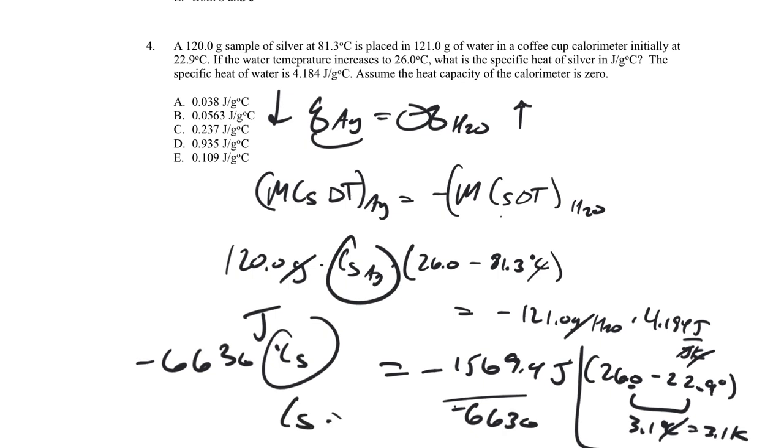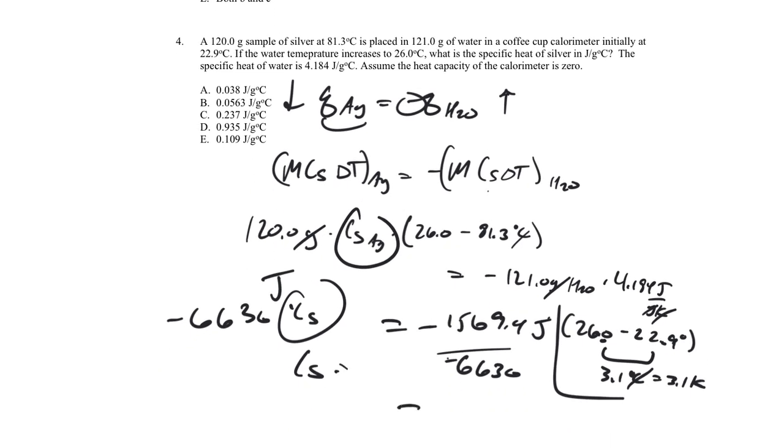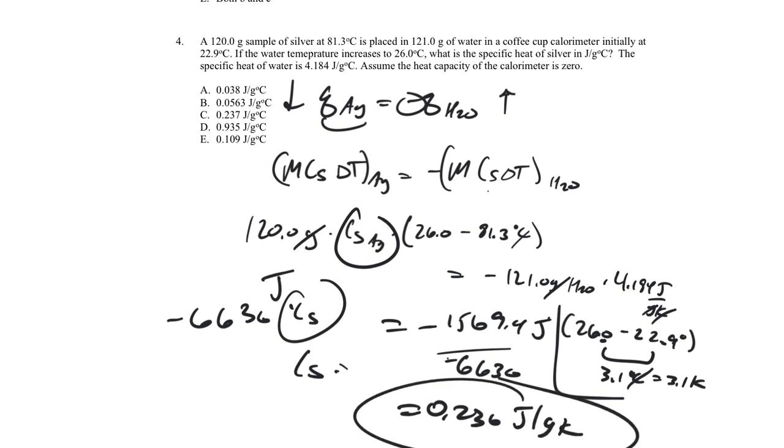So my Cs looks like about 0.25. So 1569.4 divided by 6,636. So that's 0.236. And joules per gram degree C is the same as joules per gram Kelvin.